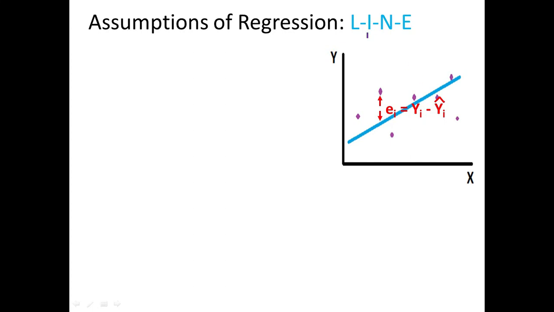Specifically, here we have a simple formula, we call it LINE. So these are the things that we should focus on to be more specific in assessing the assumption. So what is LINE?